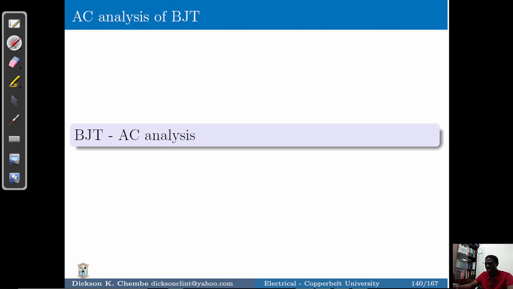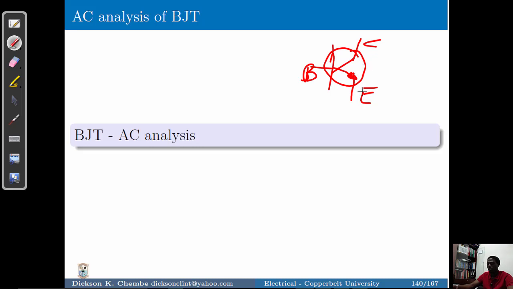So if we have a transistor that is pointing outside the design, you've got the collector, the emitter, and the base on this side.